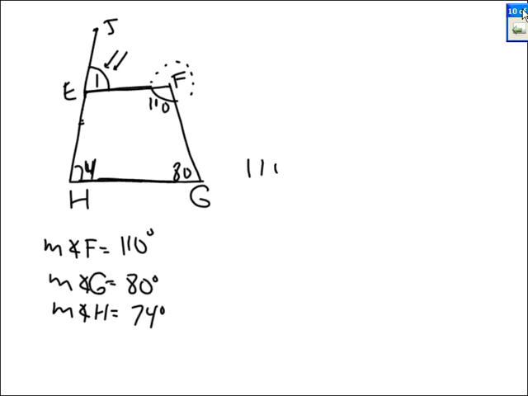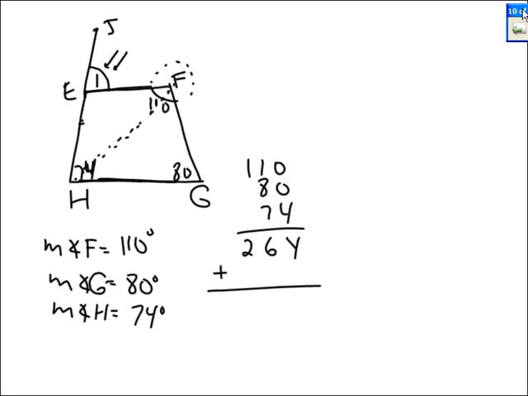Well, these 3 angles that are given add up to, looks like, 264. Well, we have a 4-sided figure. Real quickly, without even using the formula, I see 2 triangles. One up here, one down there. 180 and 180 is 360.